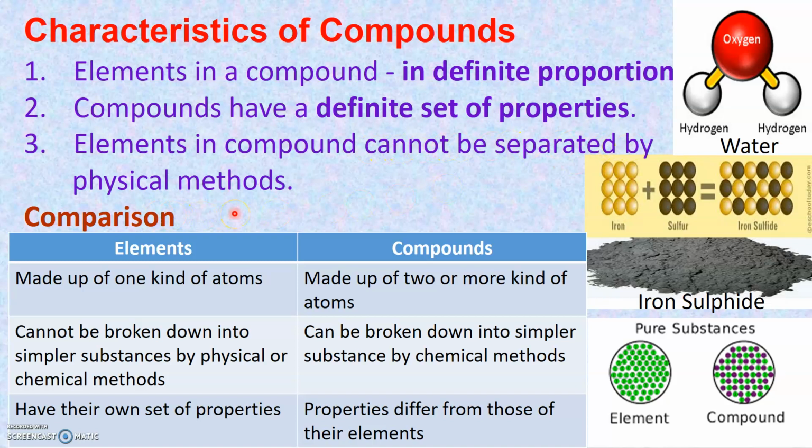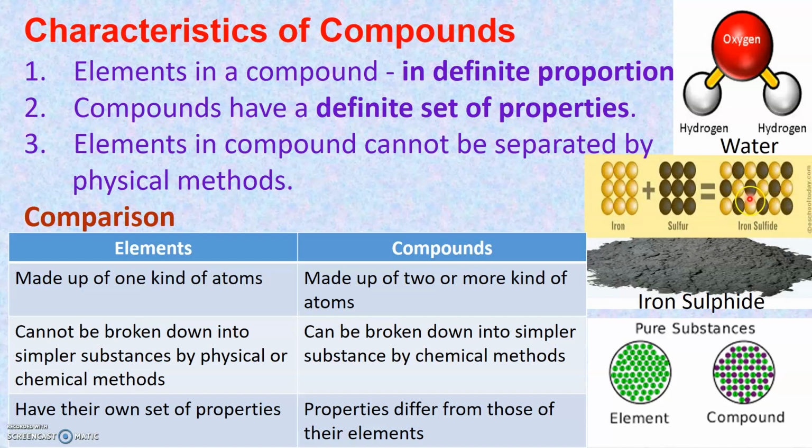For example, in the compound iron sulfide, we know that the atoms of iron and atoms of sulfur will combine together to form an iron sulfide molecule, where iron sulfide molecules will combine to form the iron sulfide compound.